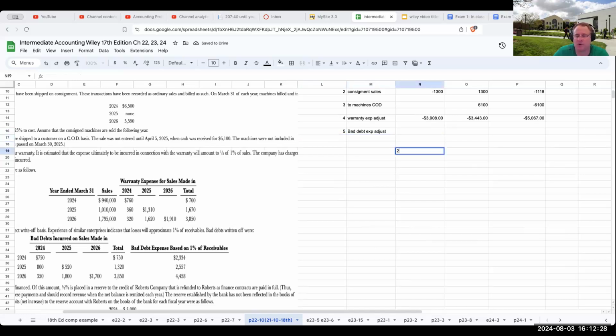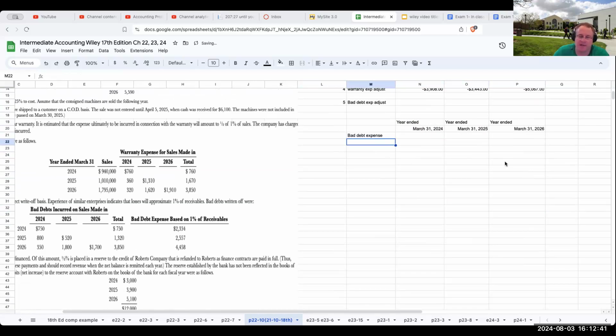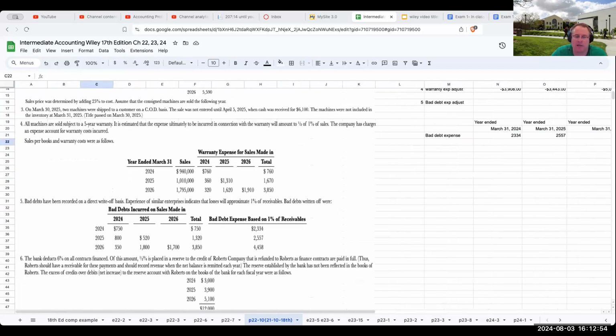right? So in 2024, my bad debt expense should have been 2,334. This should have been 2,557, and this should have been 4,458. That's how much I should have recorded. But the reality is the expense recorded in 2024 would have been 750.